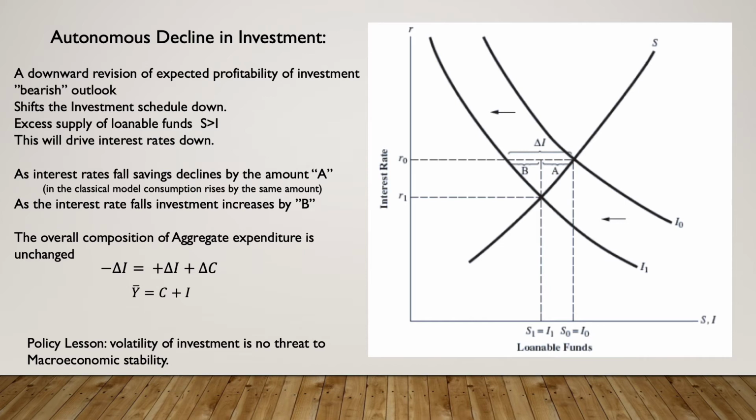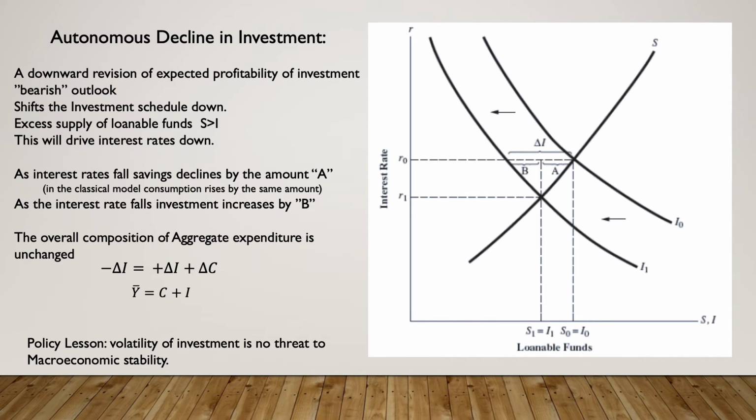Look at the bracket A. That is the amount of savings that we have lost from this market. As interest rates declined from R0 to R1, we slid down the savings schedule, reducing savings by the amount A. Similarly, as interest rates declined from R0 to R1, we moved down the investment I1 schedule towards our new equilibrium at R1.